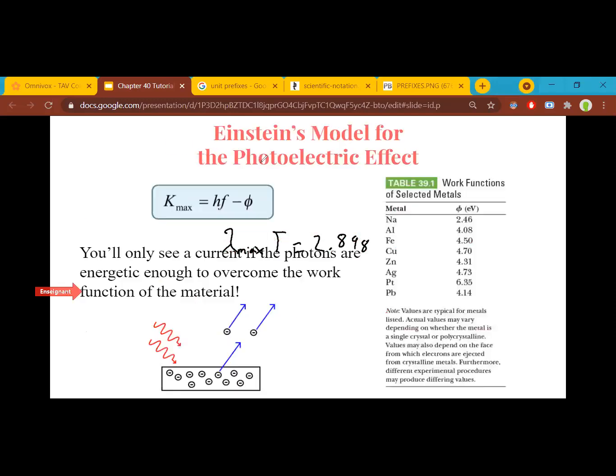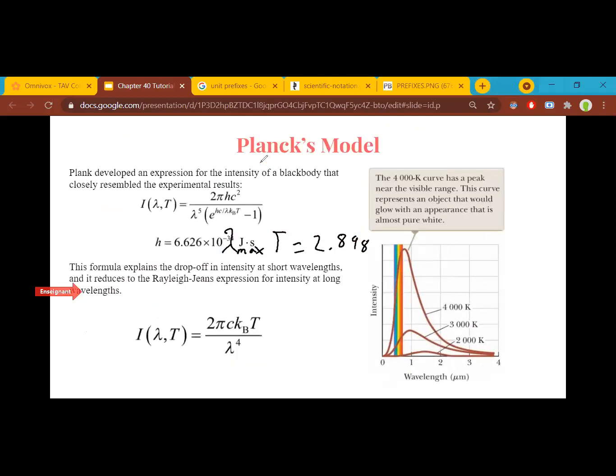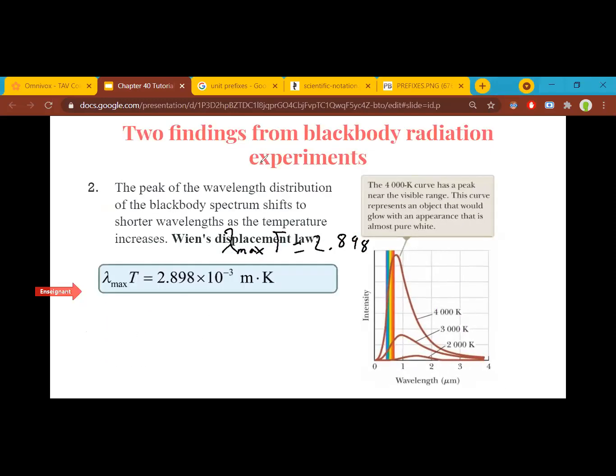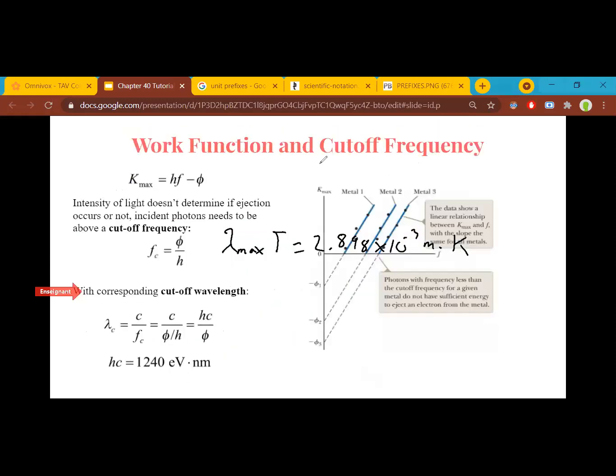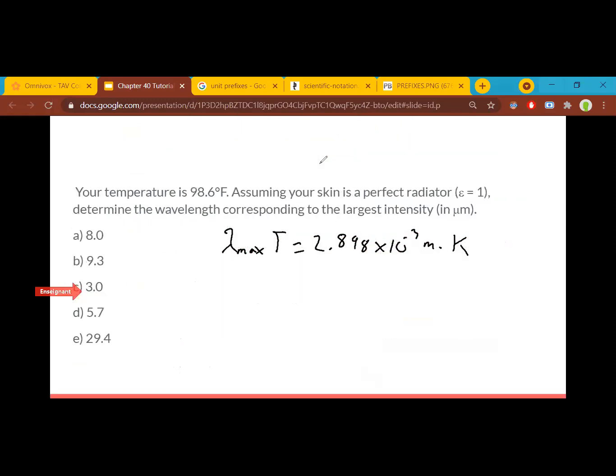Even I can remember the formula. Note the temperature is done in Kelvin, so we have to convert Fahrenheit to Kelvin.